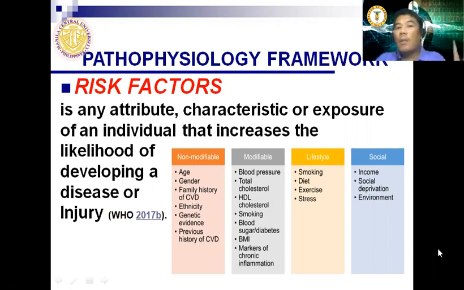Sir, why is it that in the modifiable risk factors there is smoking, and in the lifestyle it is also indicated as smoking? In the modifiable risk factors, we are more considering the effect of cigarette smoke. Why?